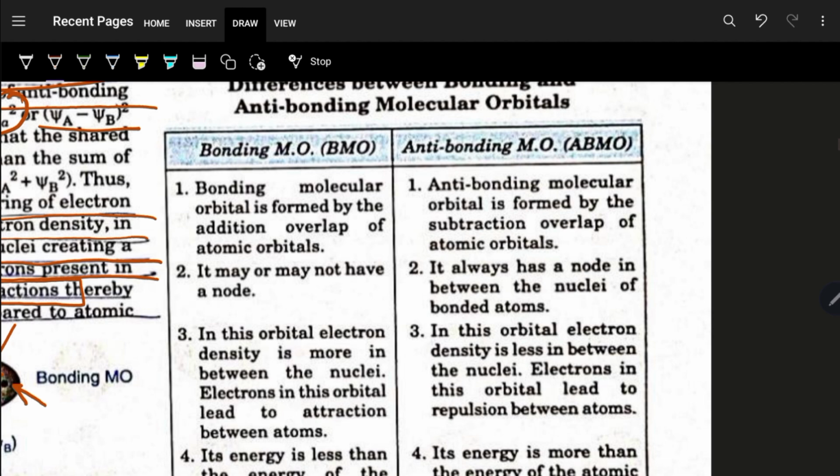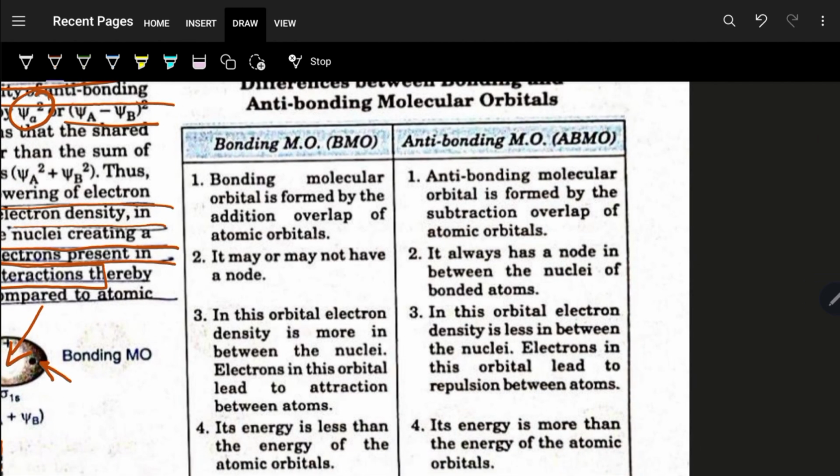Okay. So now, bonding molecular orbital and anti-bonding molecular orbital, what is the difference? The first difference is addition overlap of atomic orbitals for the bonding molecular orbital, and subtraction overlap between atomic orbitals for the formation of the antibonding molecular orbital. Next, the energy is less than the energy of the atomic orbitals for bonding, and greater for antibonding.